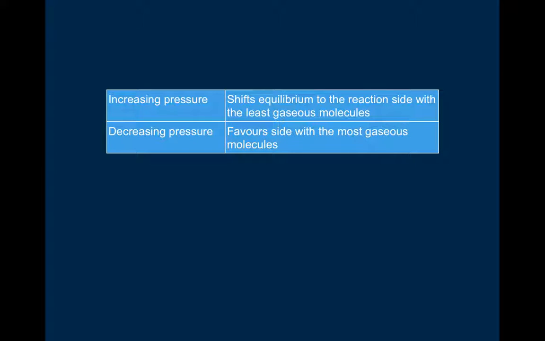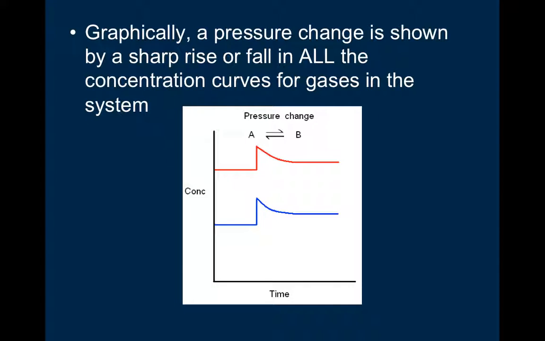When we decrease the pressure, or we give the container more space, the equilibrium will shift to the side with more moles of gas to re-establish a little bit of a higher pressure. How do we see pressure on a graph?